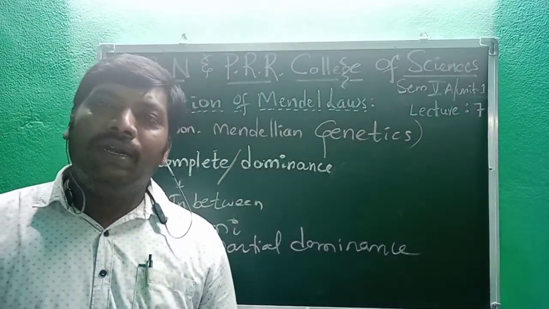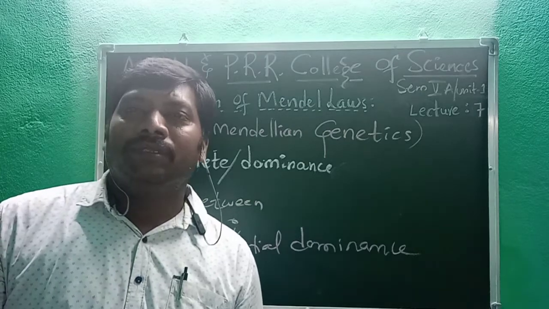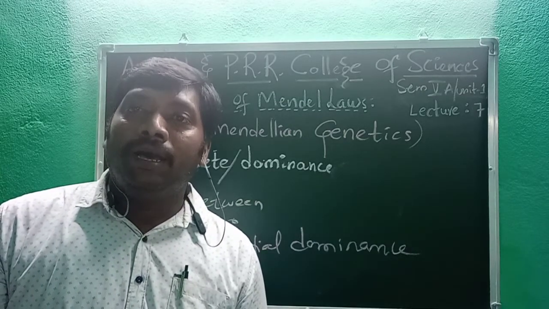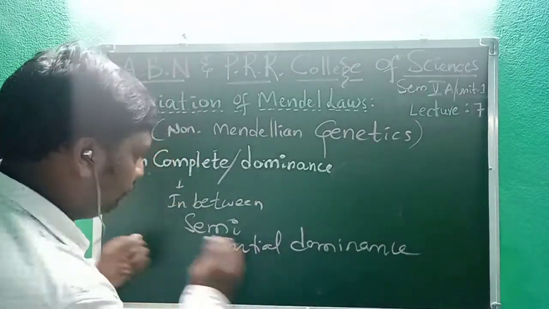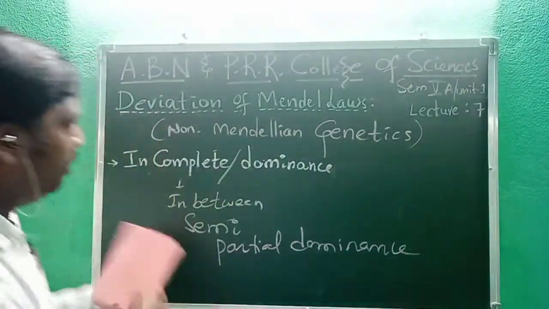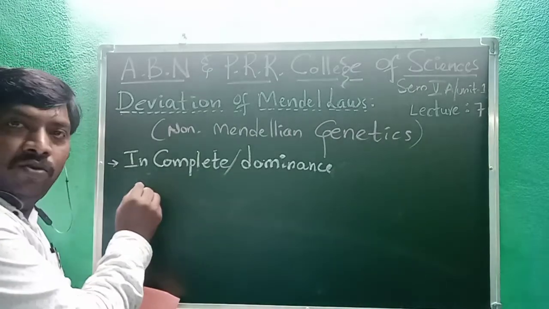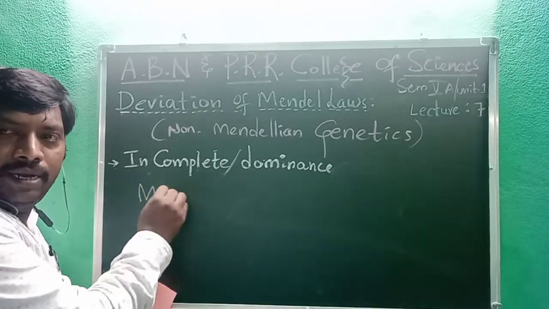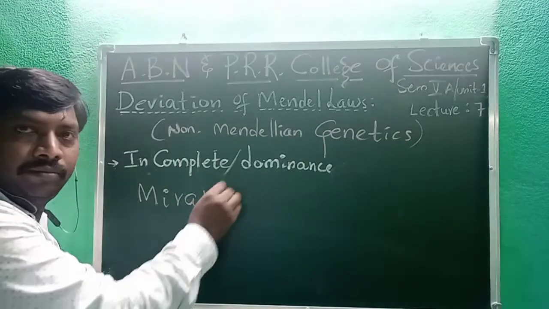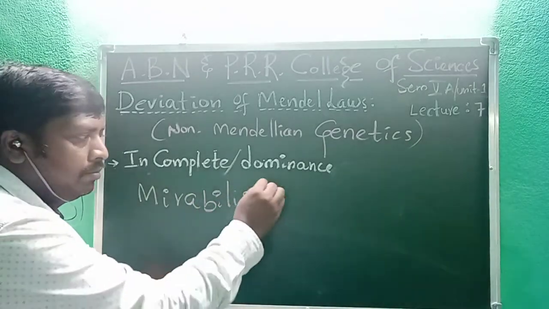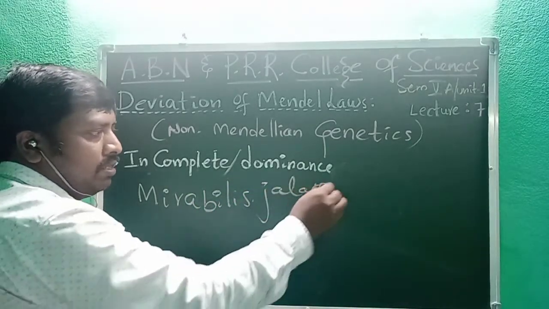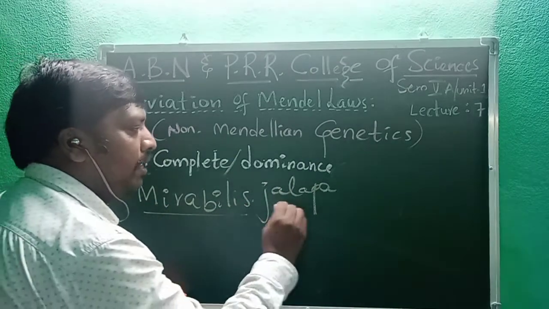Here we take the best example, Mirabilis jalapa. It is otherwise called the 4 o'clock plant.